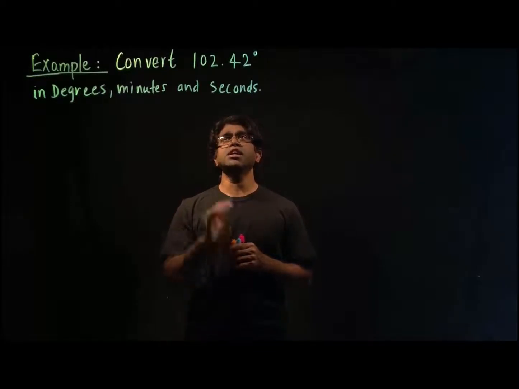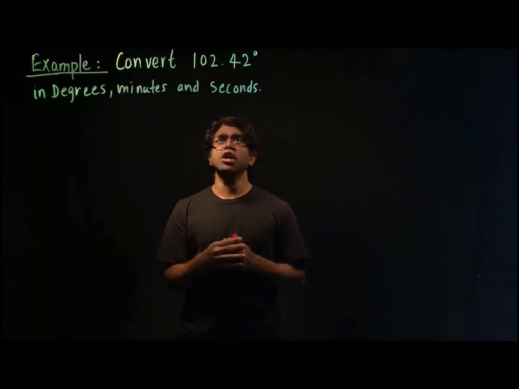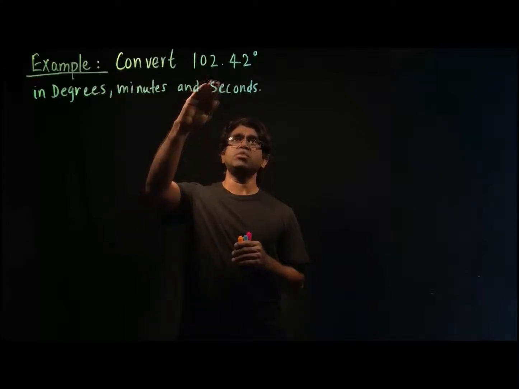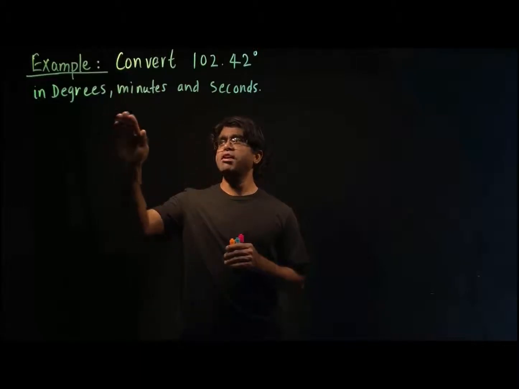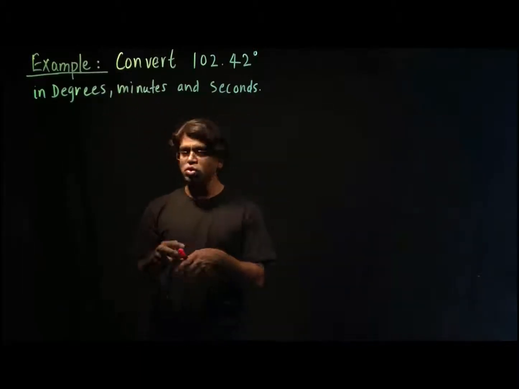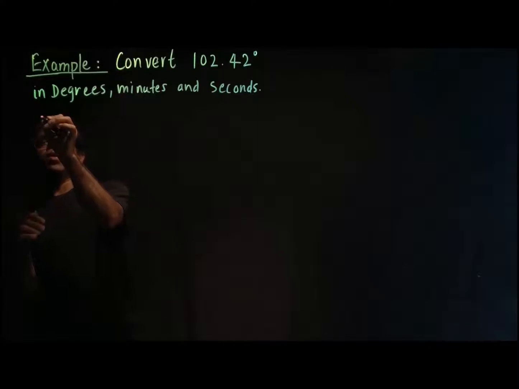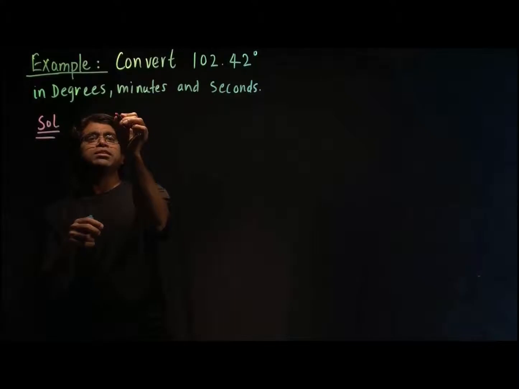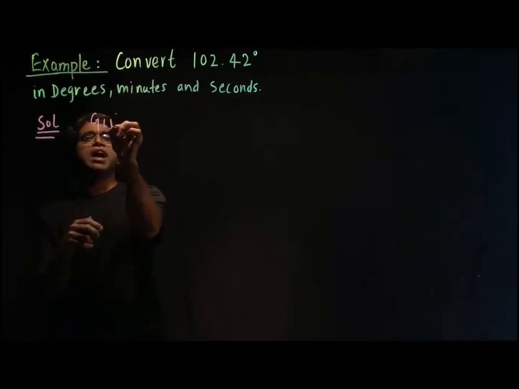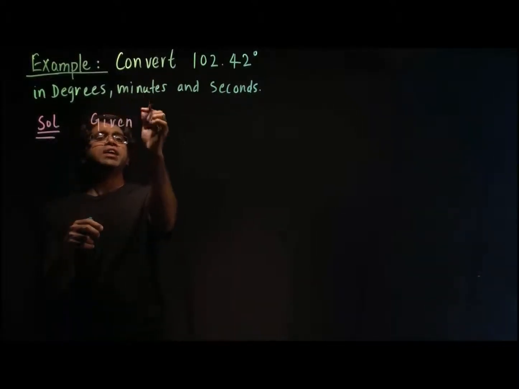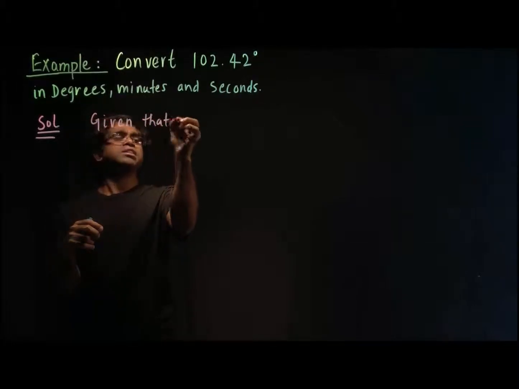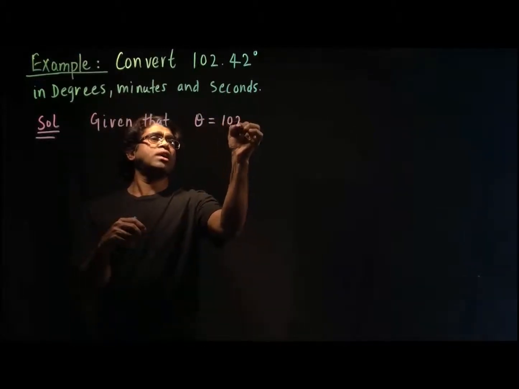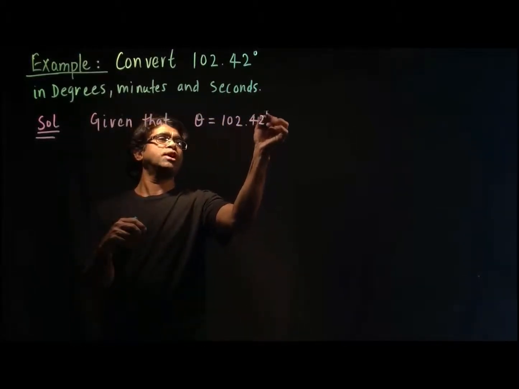As you can see, the question is given in degrees, and what we need to do is convert that angle, which is 102.42 degrees, in degrees, minutes, and seconds. So I'm going to write what we already know. It is given that this angle theta is 102.42 degrees.